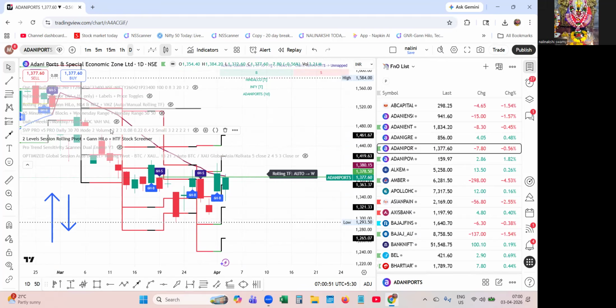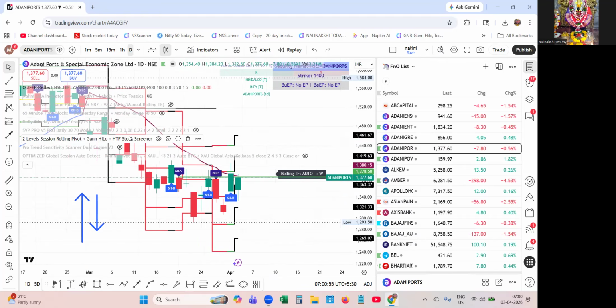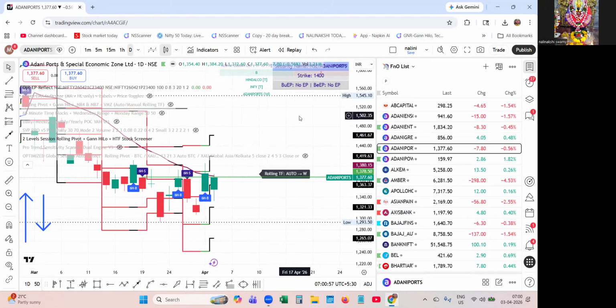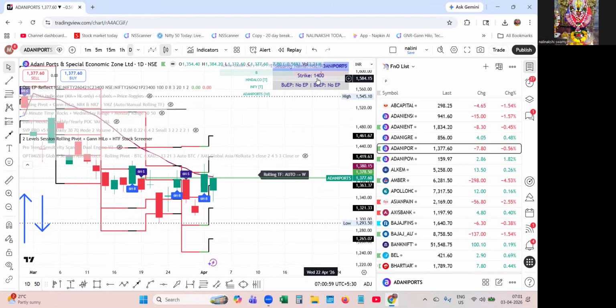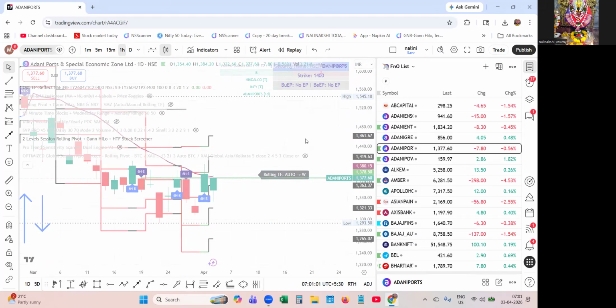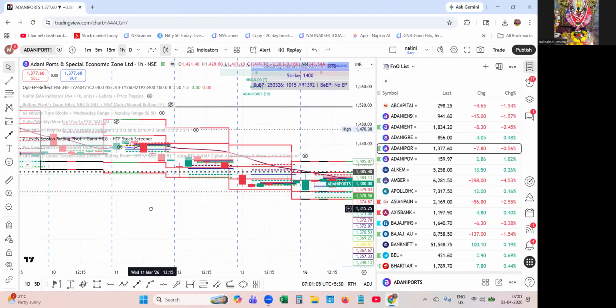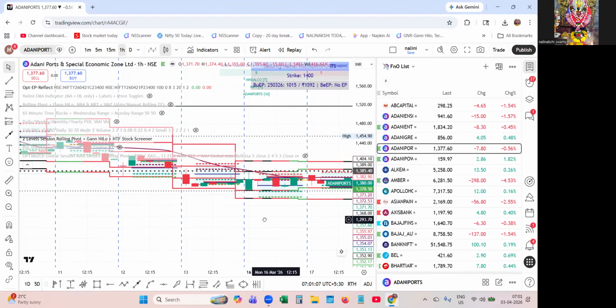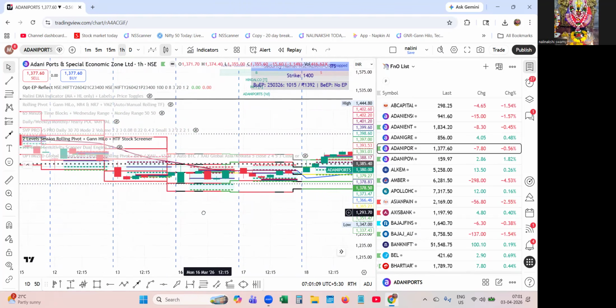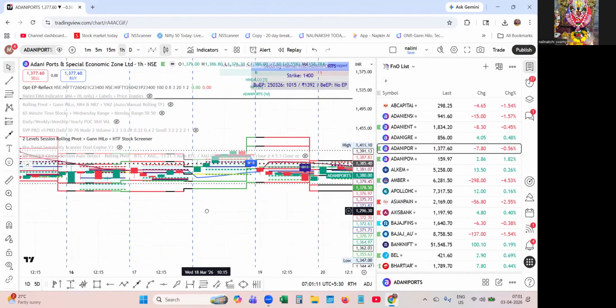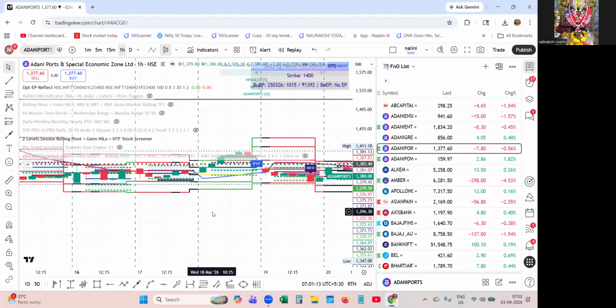Let me go to my option EP table and see strike price 1400. Let us go to the hourly and see, the bullish EP has been triggered on 25th March. Bearish EP, there is no bearish EP.